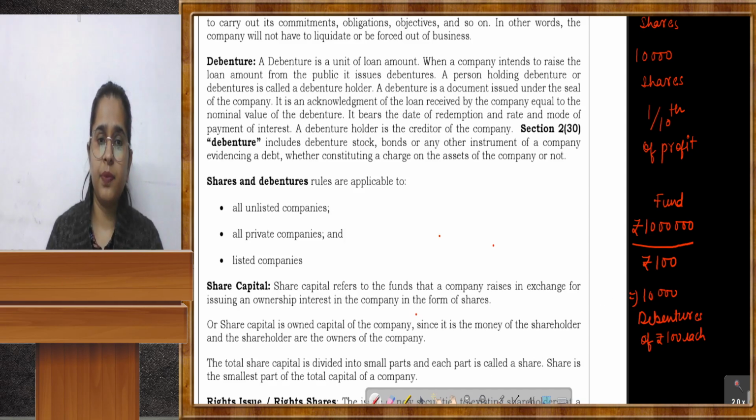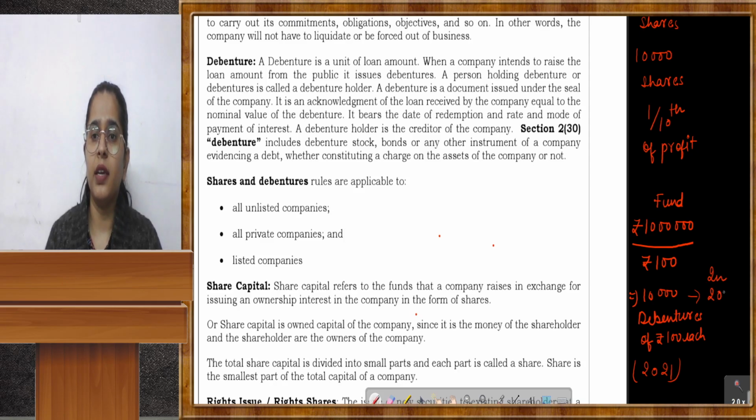So let's say if this amount has been collected in 2021, then in 2030, just for an example, the company will have to pay back, right? In 2030, the company will have to pay this amount back to the investors or the debenture holders who have given this amount to the company.